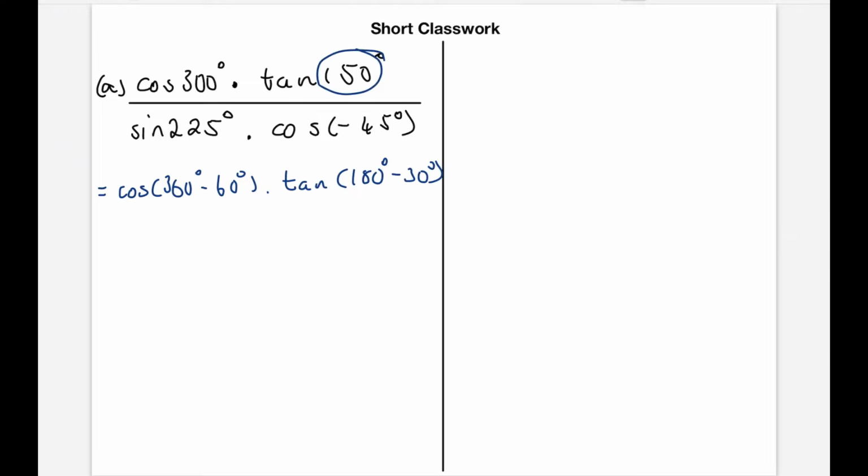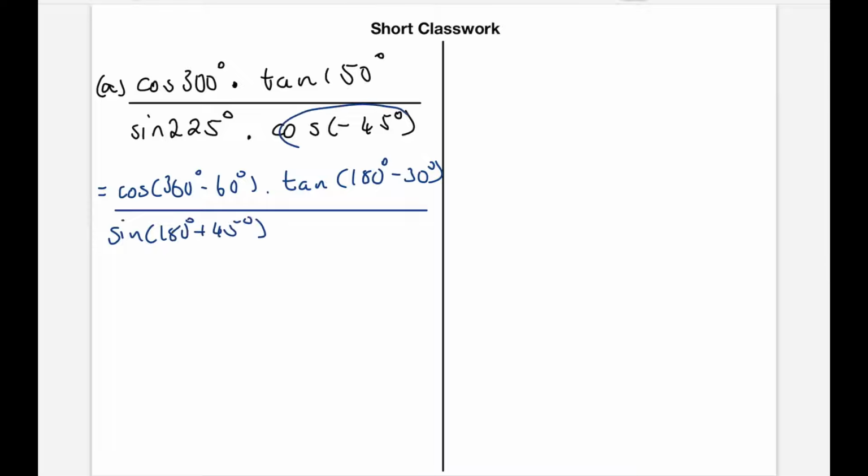Be careful to not use a 90 there. The sine of 225, I'll rewrite as the sine of 180 plus 45. Now remember, cos of negative an angle is just cos of that angle. We learned that in part 3, negative angles. Or part C, negative angles.